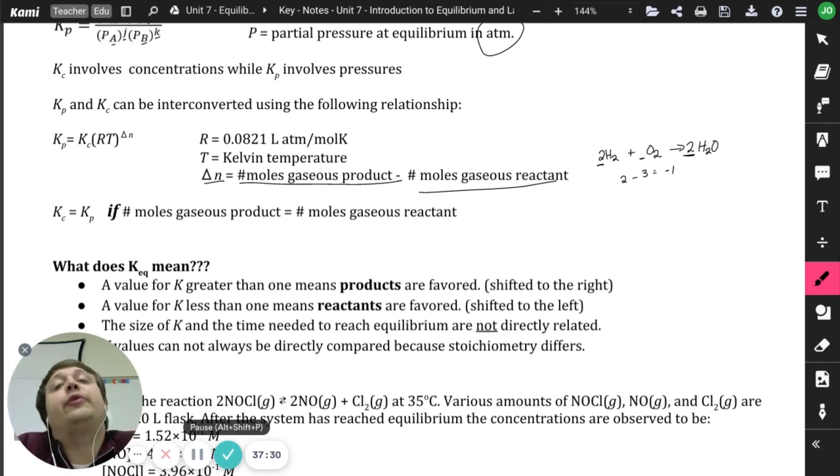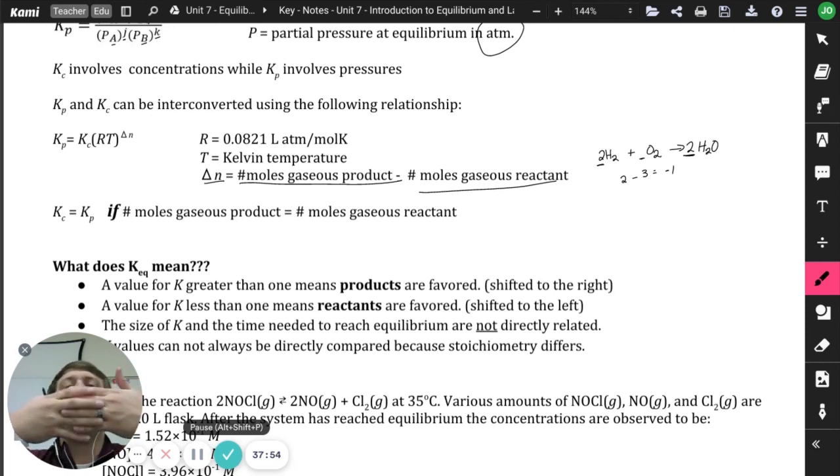All right, so what does this Keq actually mean? Well, what it tells me is that I can have either reactant or product favored reactions. And so what we'll see is that reactions will continue until we reach equilibrium, and they'll continue after that point.